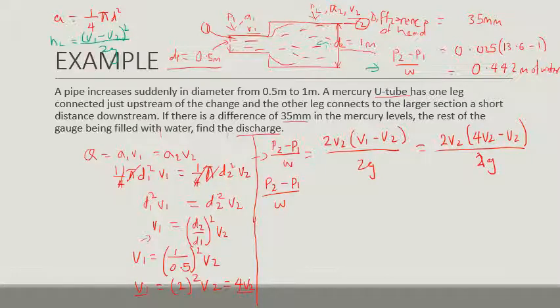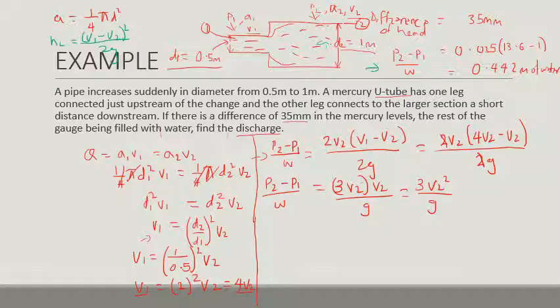So 2 can cancel 2. We now have 3V2 times V2 over G, and that will be equal to 3V2 square over G.